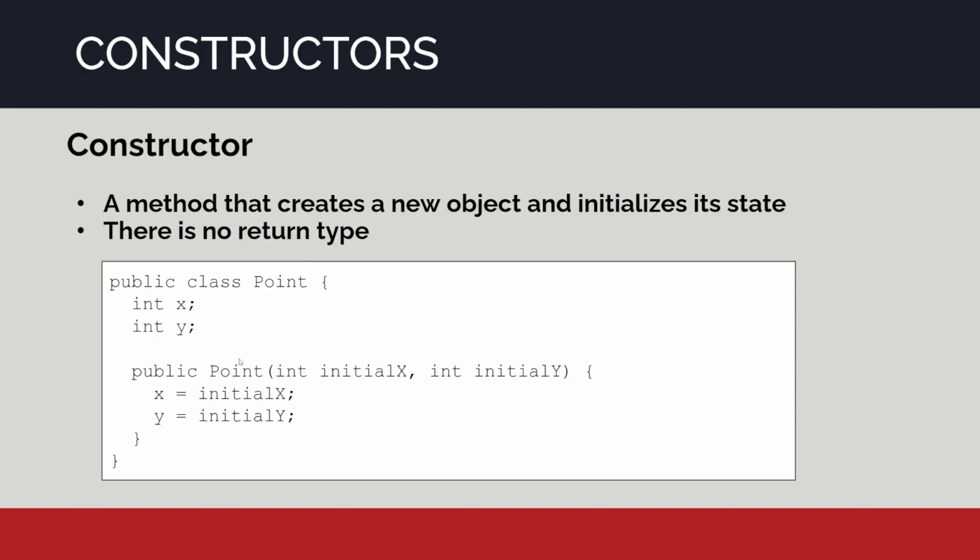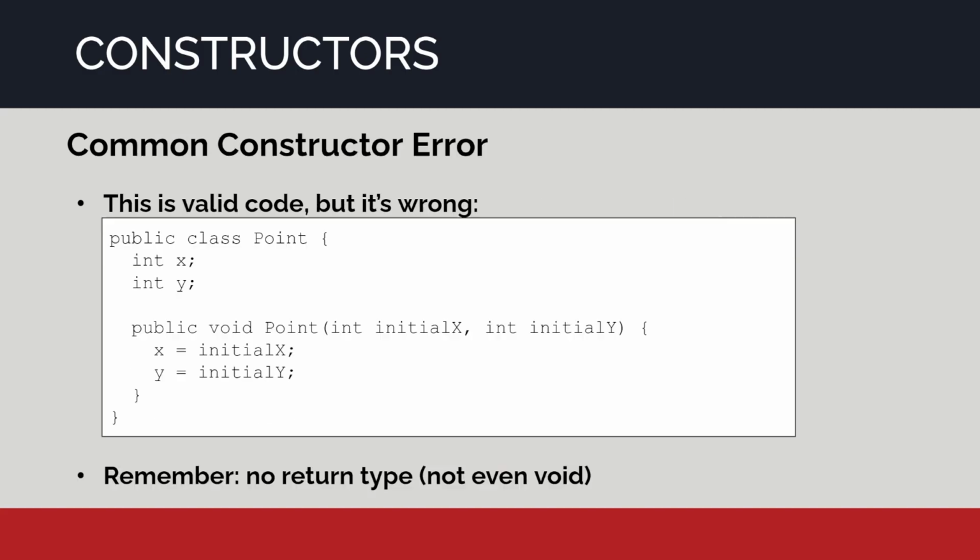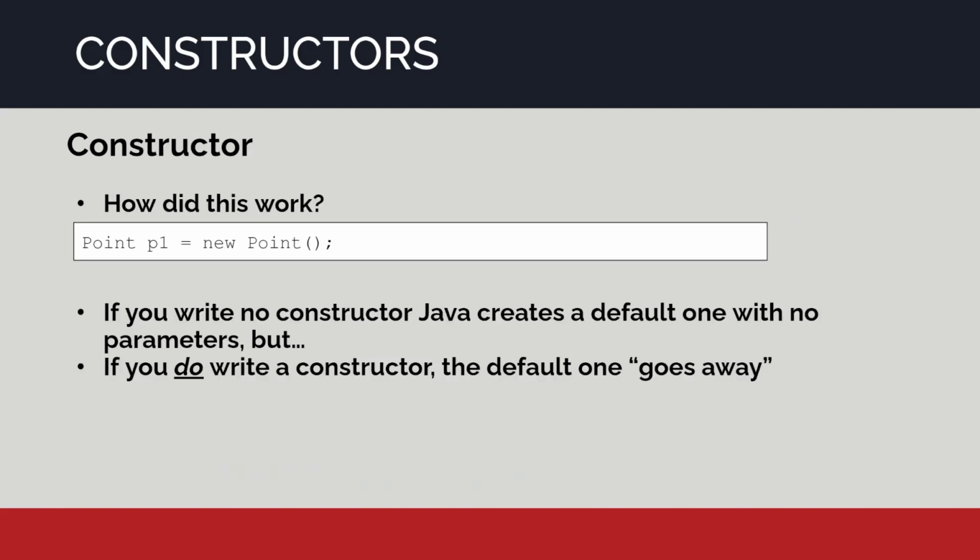If I was to add this constructor to my point class, I can no longer say Point p1 equals new Point. Every time I create a new point, I have to pass in an x and y, because Java says, you've got a declared constructor, I'm going to delete the default one. Or more precisely, it just won't add it to your class.